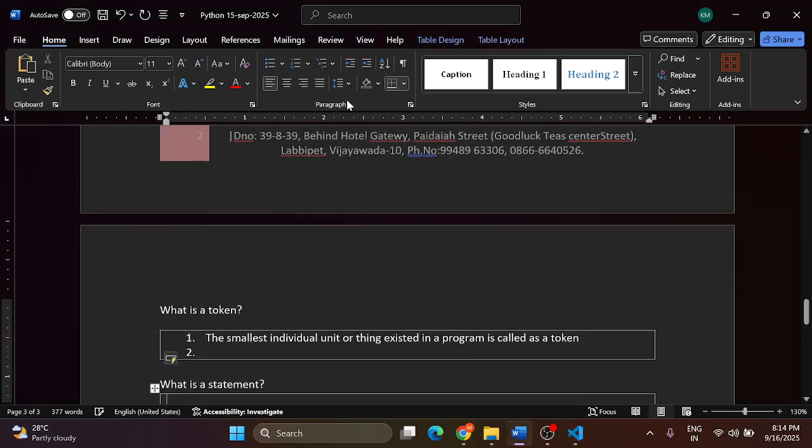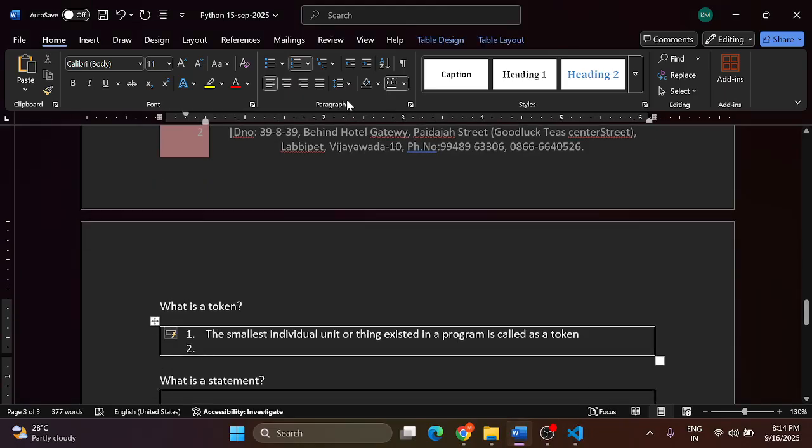So what is a token? The smallest individual unit in a program is called a token. There is another definition which is similar to this one. Both are the same actually. You can give one answer; no need to give two answers. Any one is enough.